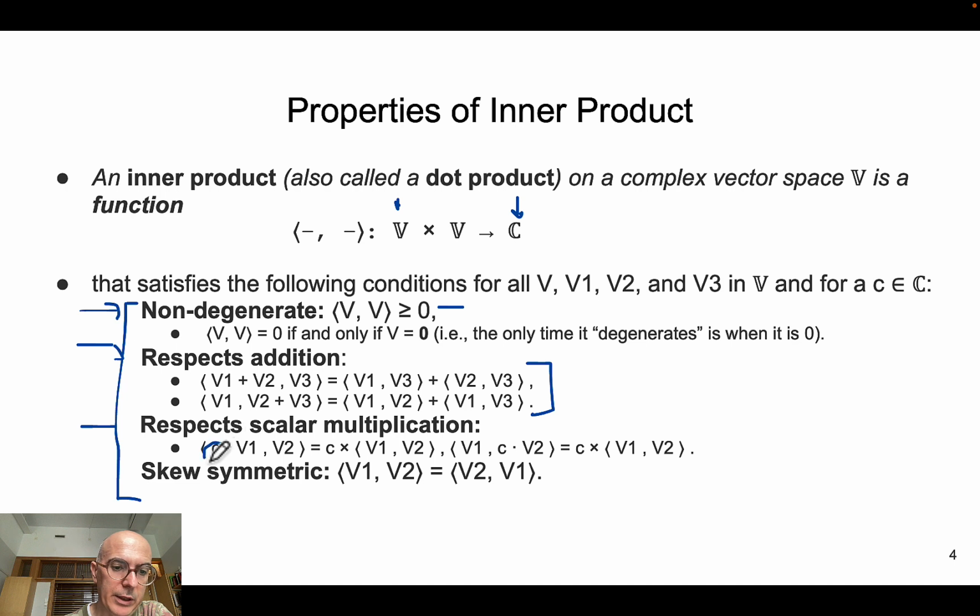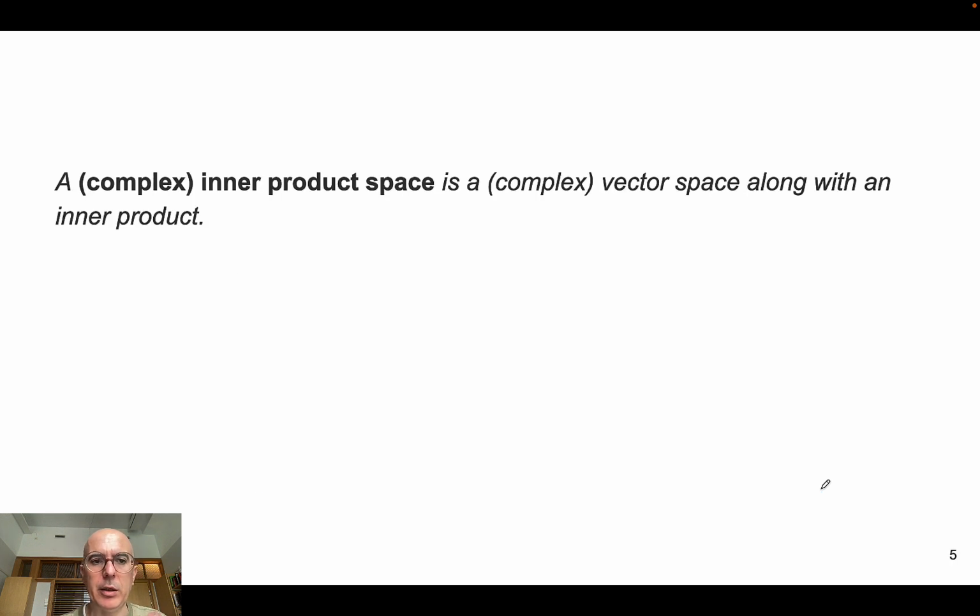So we have a scalar multiplication of the inner product, and then also this symmetry. If you take the inner product of V1 with V2, this is also equal to the inner product of V2 with V1. As long as our operation respects these properties, then we have an inner product.